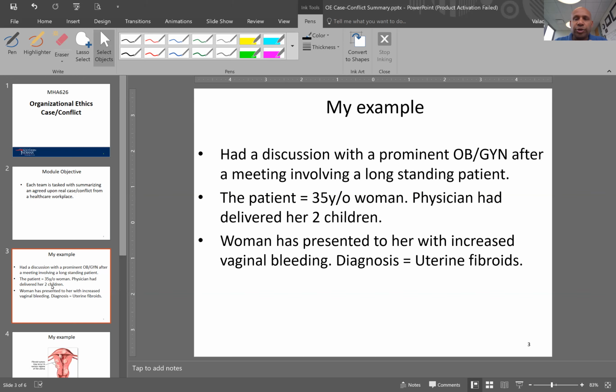My example actually comes from a discussion I had with a physician, and it took the scope of two meetings, but I'll share everything and the conflict that I really wanted to identify. At the end of an ethics committee meeting, I had an opportunity to speak with an OBGYN who was on the committee.